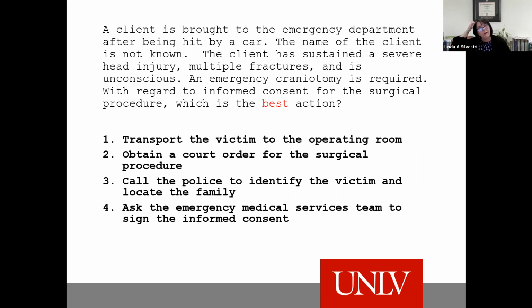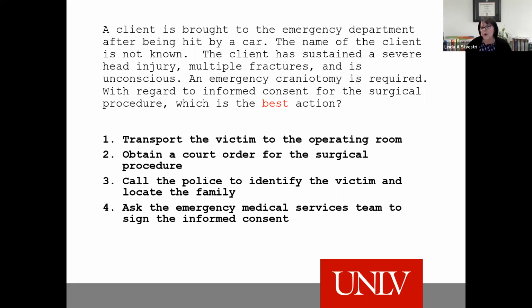So, they're very, very strict in that religious faith about blood transfusions. I just wanted to share that with you, but yes, it would be the next of kin if that person was not able to give consent.